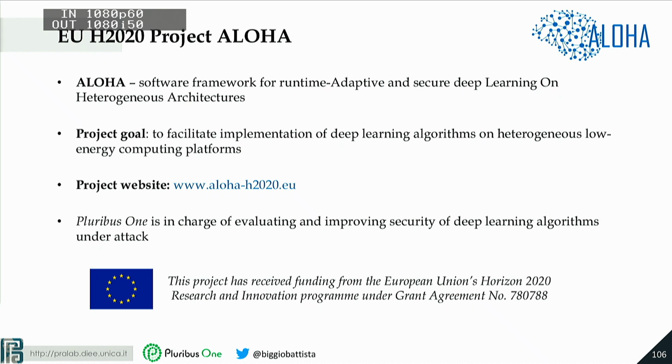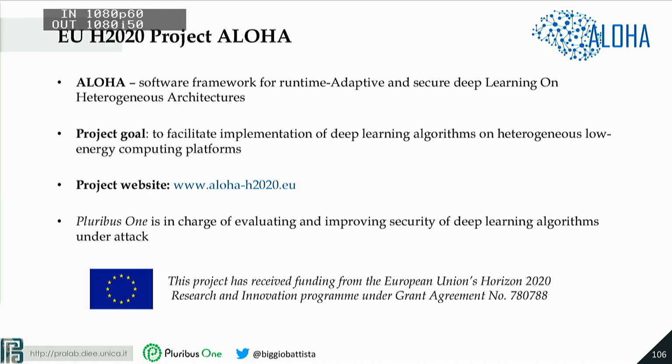And normally what happens is that you take a pre-trained deep net and you try to approximate it to make it fit the hardware requirements. So instead of representing the weights using a lot of bits in floating point, you reduce the number of bits to represent the weights, so you introduce some approximations, and this typically degrades the performance.